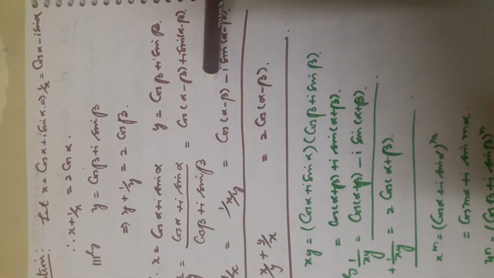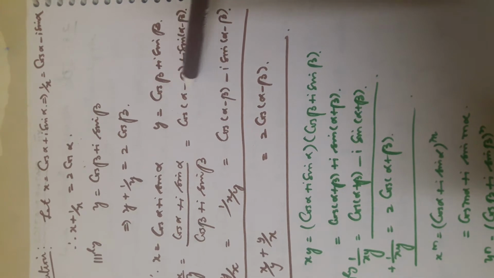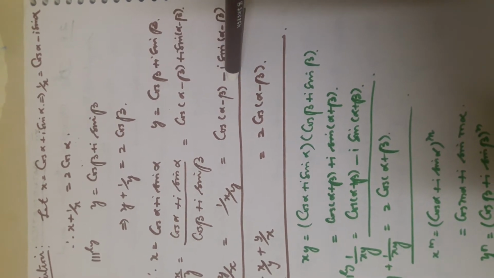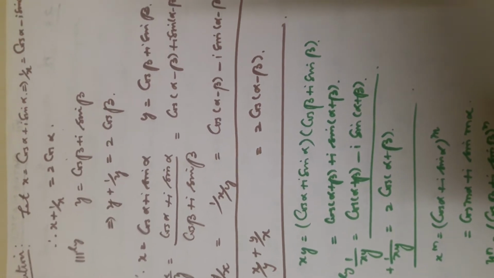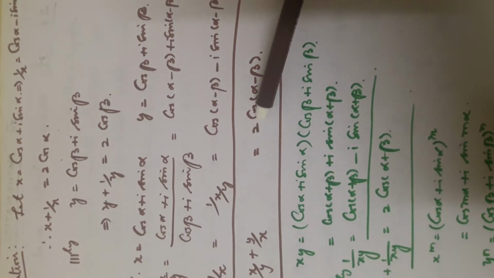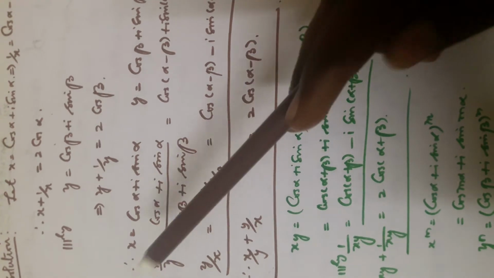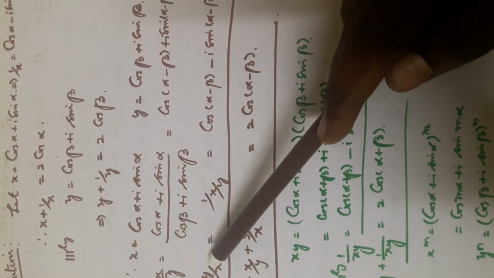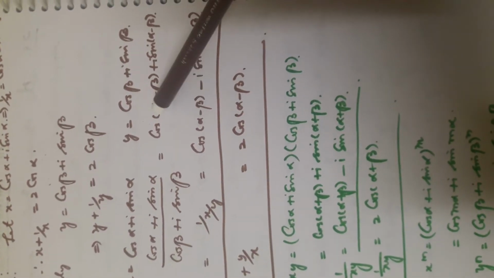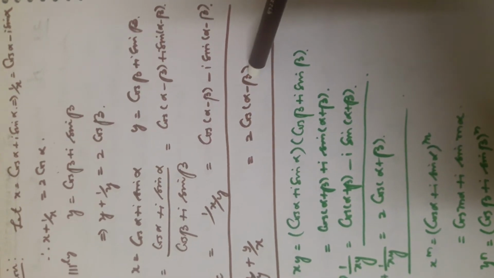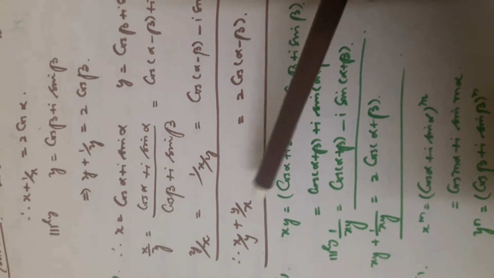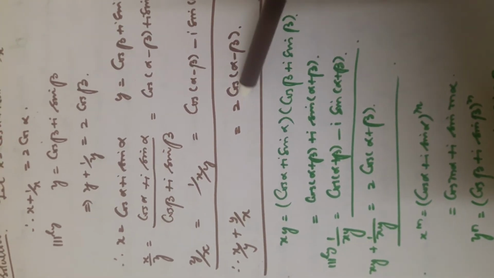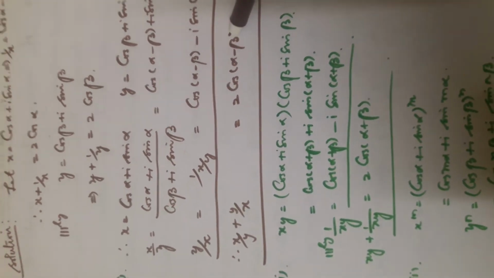So in the middle place, we have to replace plus i by minus i, that's it. So x by y plus y by x is nothing but 2 cos(alpha minus beta). Here plus, here minus, so both cancel. So your answer will be 2 cos(alpha minus beta). So your first question is over.